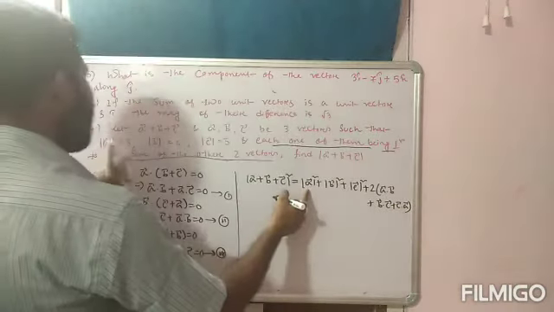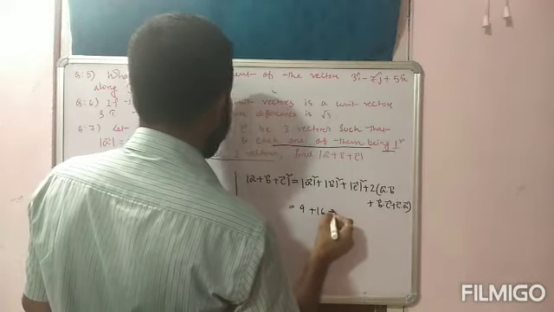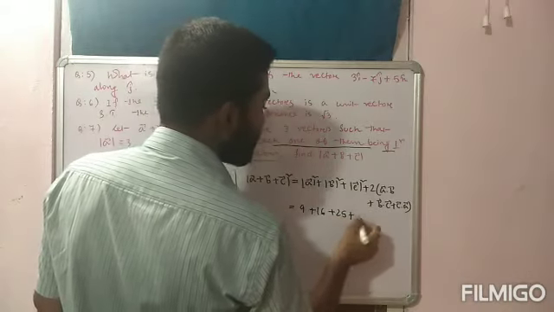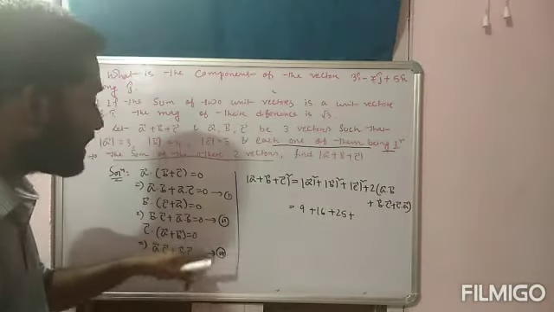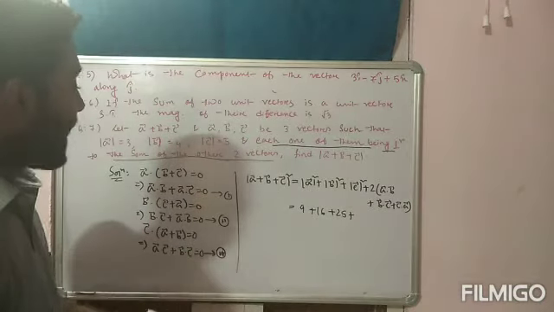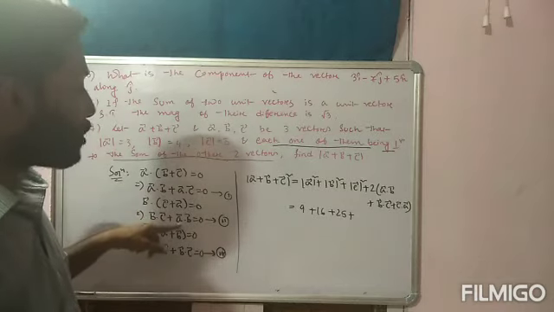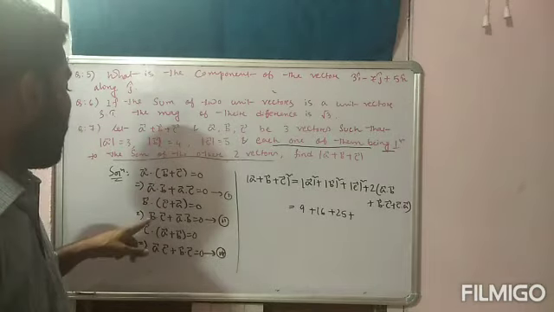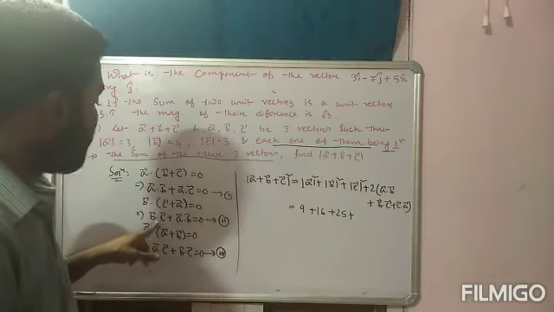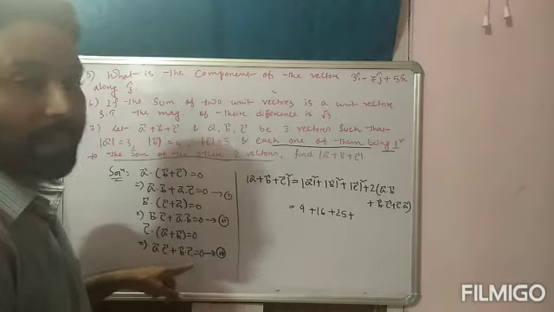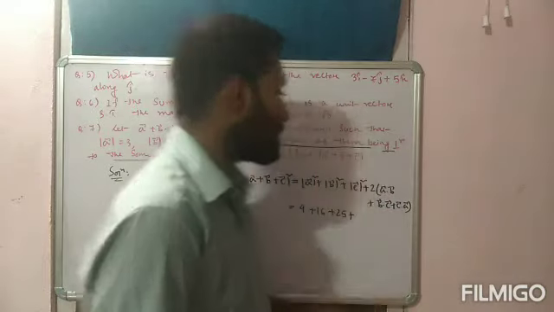So mod a bar is 3, 3 square is 9. This is 16 plus 25, plus what about 2 into (a dot b, b dot c, c dot a)? If you add these three equations, what do we get? a dot b plus a dot b, 2a dot b. a dot c plus a dot c, 2a dot c. b dot c plus b dot c, 2b dot c. So everything is here, 2 into (a dot b plus b dot c plus c dot a).